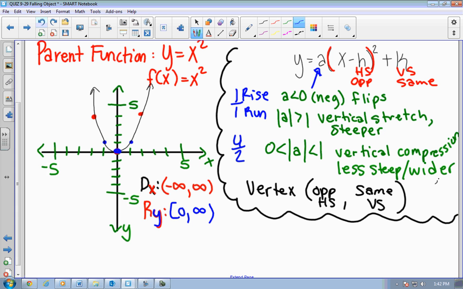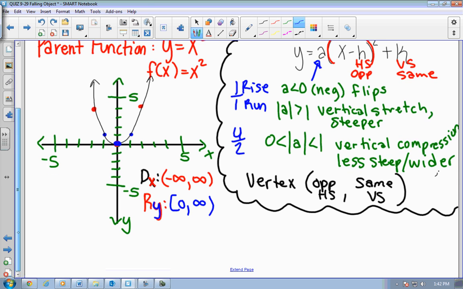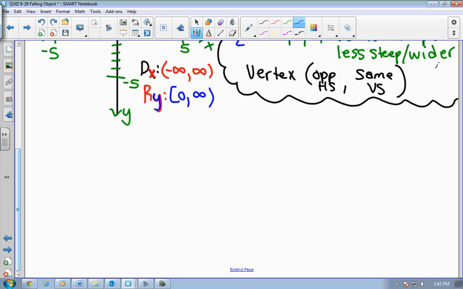Okay, now I'm going to give you a couple examples, and without even graphing it, you should tell me exactly, because you have the key, exactly what's going to happen. Example 1. Y equals 4 times the quantity x minus 2 squared plus 3.